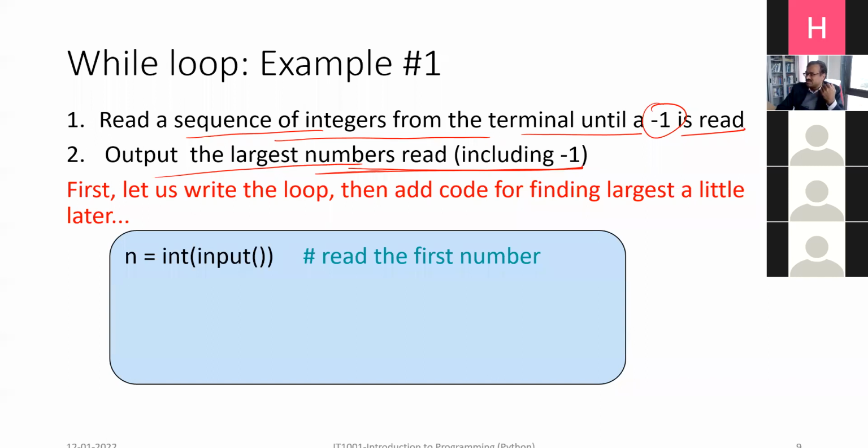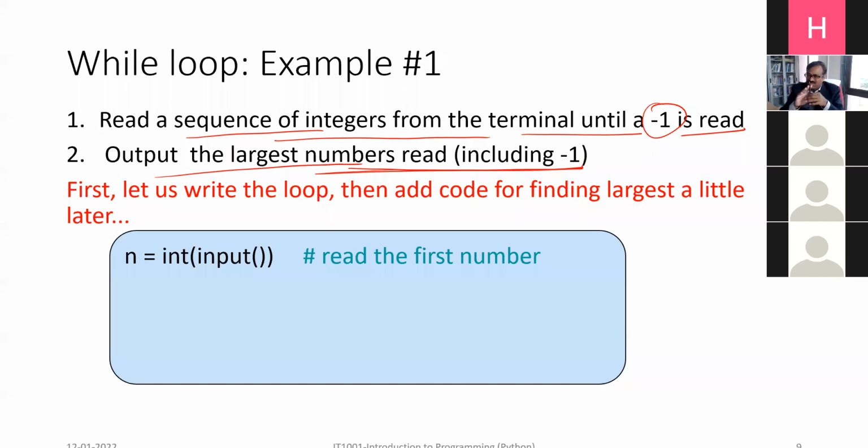They can be 2 numbers, they can be 10 numbers followed by -1, they can be 100 numbers followed by -1. And we are going to find the largest of those numbers given by the user.